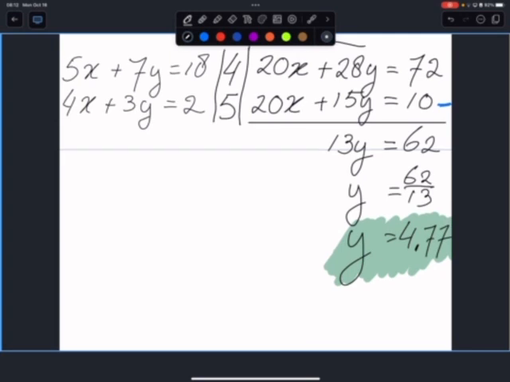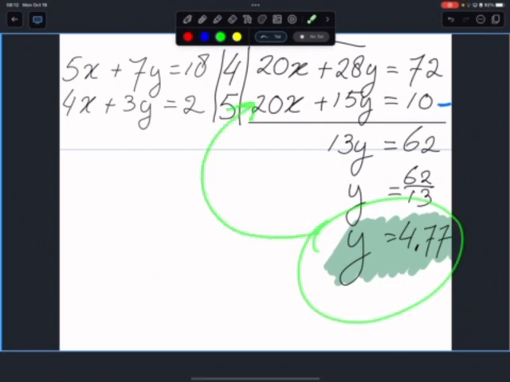And then what do? What you already did. Place the answer in one of the two equations. You decide which one. Either in this, that one, this one, or that one.